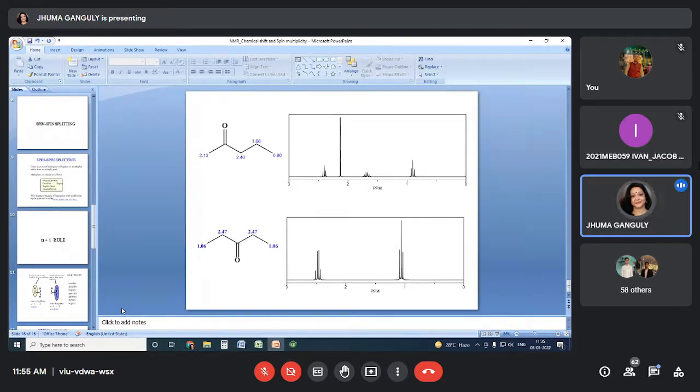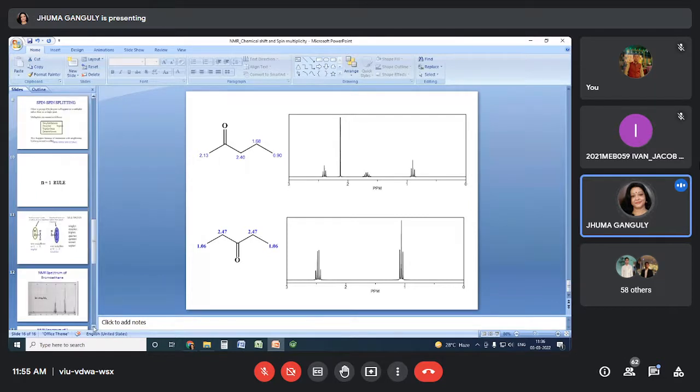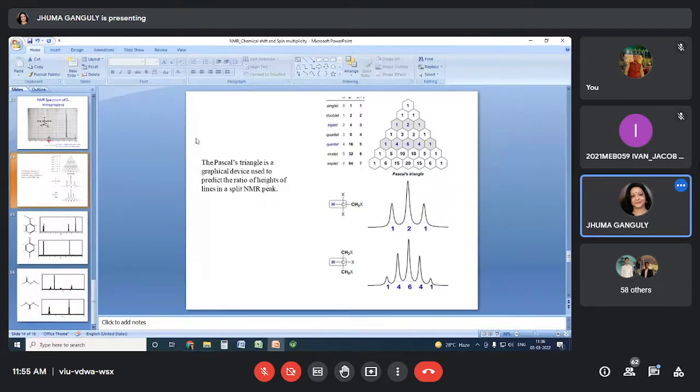There is one question that always comes: what is the role of Pascal's triangle in NMR spectroscopy? I already mentioned the peak intensity during the spin multiplicity. You don't need to write so many things. You draw the spin splitting parameters this way. This slide is okay for this type of question, this figure is sufficient for this question.